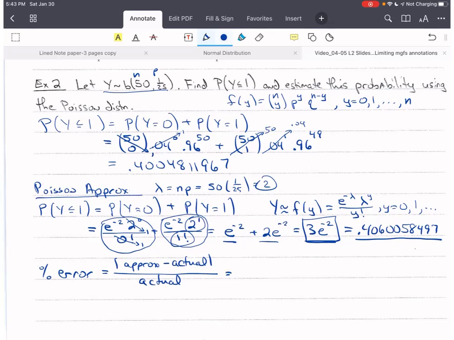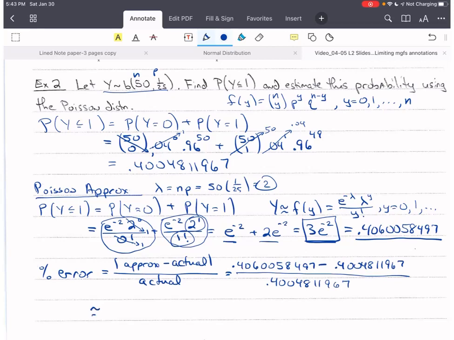So this is equal to, the approximation is 0.4060058497 minus 0.4004811967 divided by 0.4004811967.